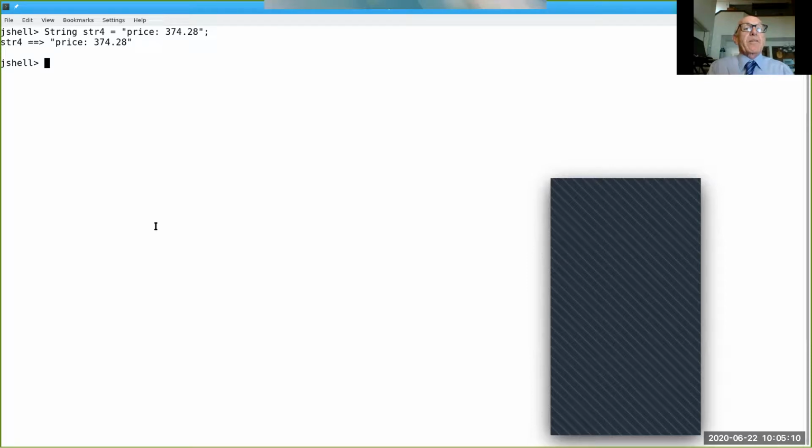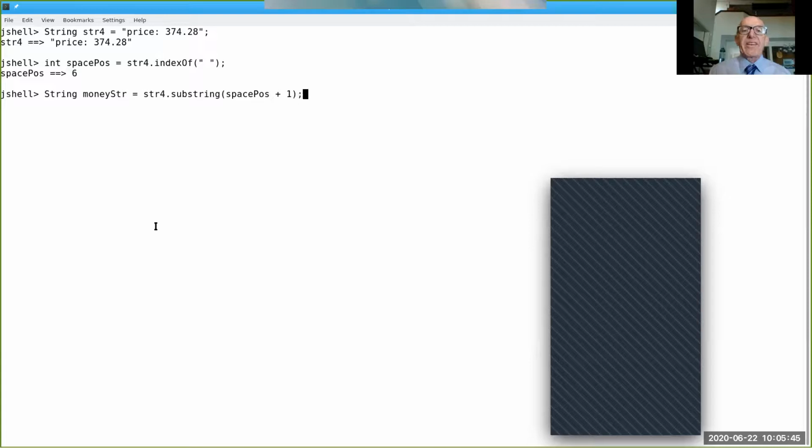I'm going to say integer space position is going to be string 4 dot index of blank. Where is the blank inside of string 4? It's at position 6. Now I'm going to say string money string is going to be string 4 dot substring starting at the space position plus 1 all the way to the end.